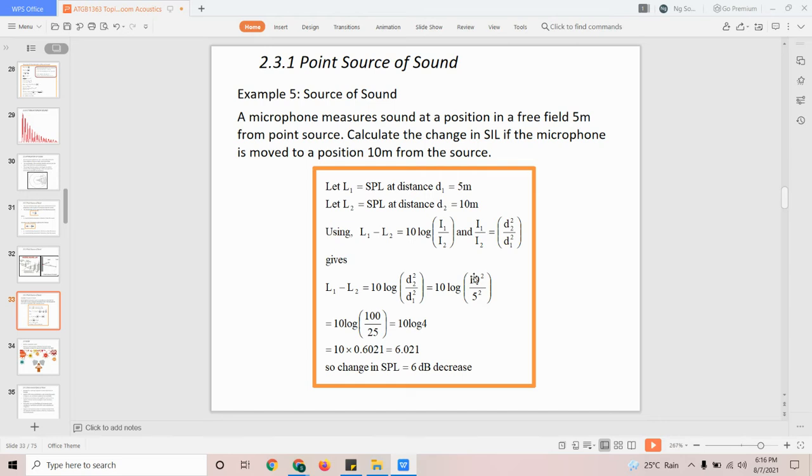Once you compute the equation, 10 to the power of 2 over 5 to the power of 2, and you get this value, you will end up with the difference between the distance from 5 meter to 10 meter being 6 decibel.